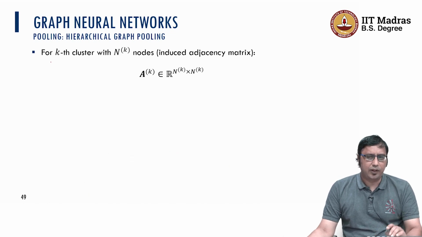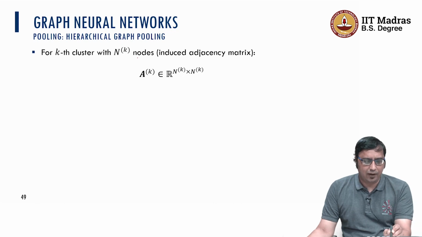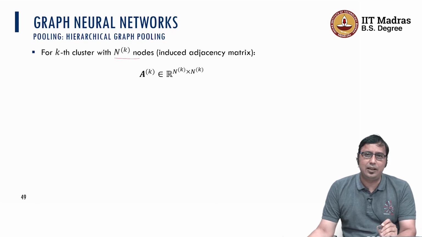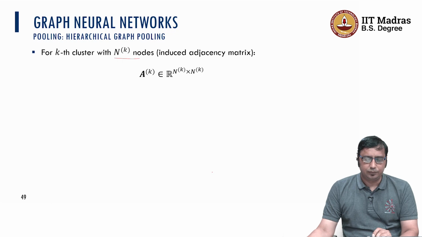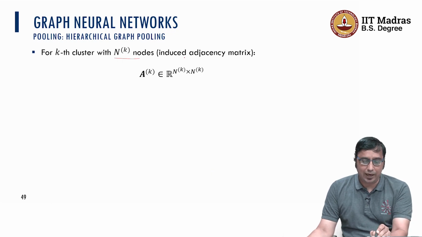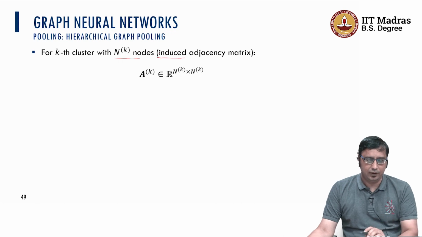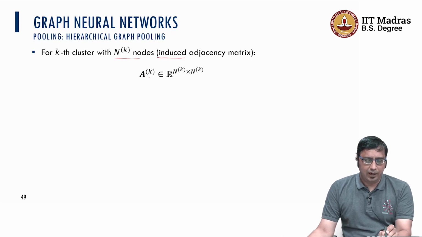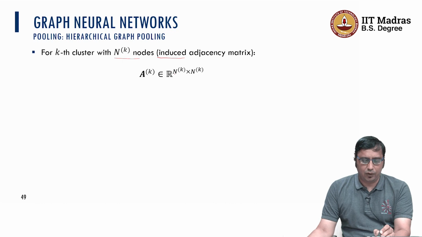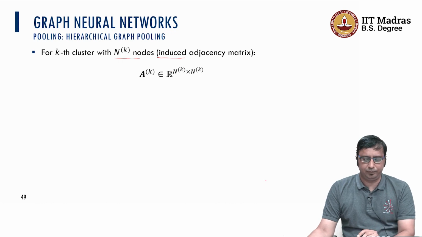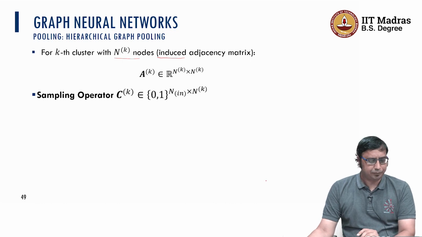So for the kth cluster, we assume that there are n_k nodes and a corresponding adjacency matrix, which we call the induced adjacency matrix, A_k, which is of dimension n_k by n_k.